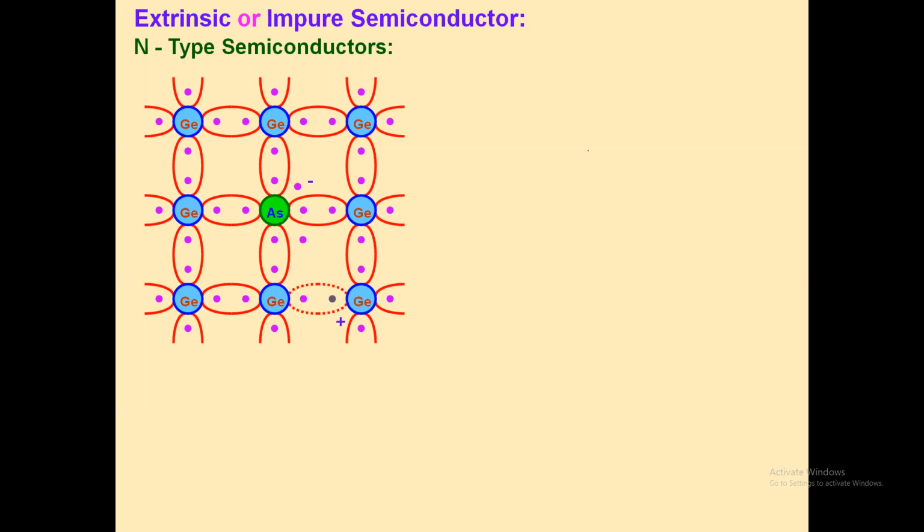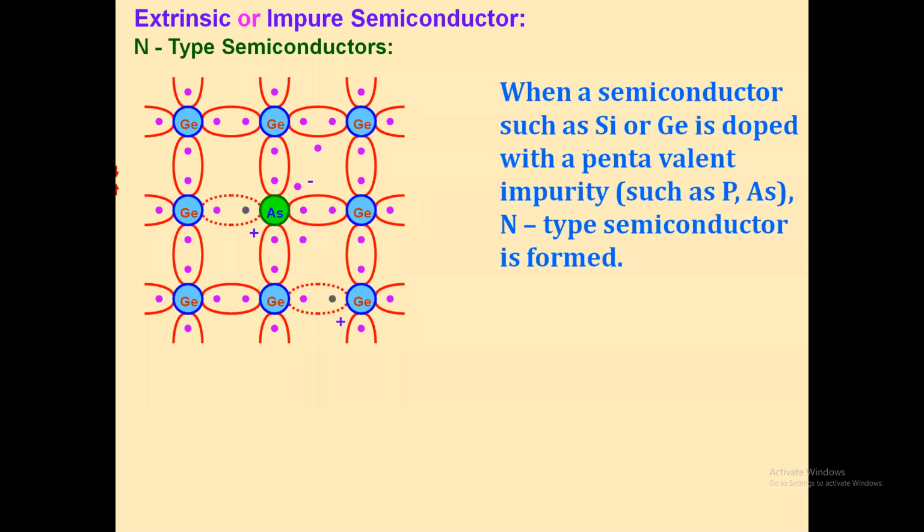Now you can see here, as you know, the pentavalent impurity provides one valence electron, and also due to room temperature, by breaking some covalent bonds, free electrons are generated. It means that at room temperature, due to the addition of a pentavalent impurity, a large number of free electrons will be created, so its current conduction capacity is increased.